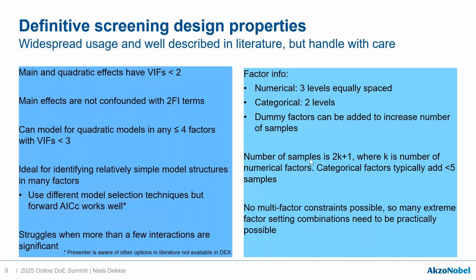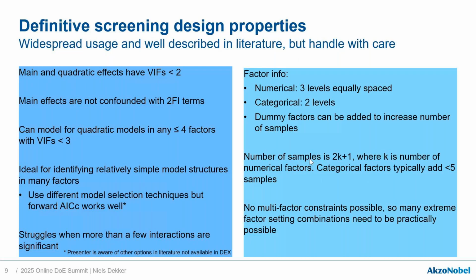And one of the big benefits is that you can always reduce the design if you find out the model is quadratic in less than or equal to 4 factors. So any 4-factor combination from your total set of factors will always be able to do a full quadratic model. And it's ideal for identifying relatively simple model structures in many factors.